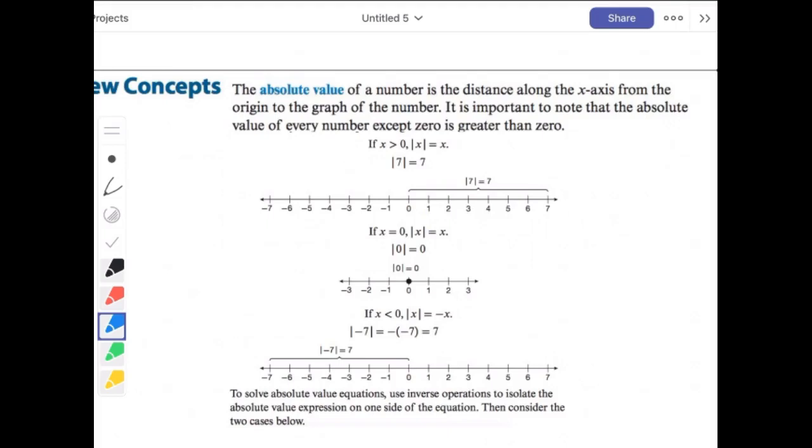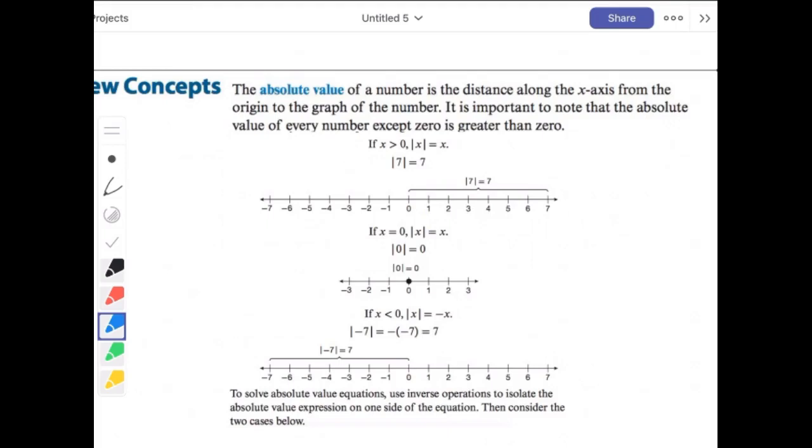That is just the distance from 0 to 7, which we know would be 7. If x equals 0, the absolute value of 0 is 0. And if we look at the distance from 0 to -7, again, that will be a positive number because distance can't be negative.